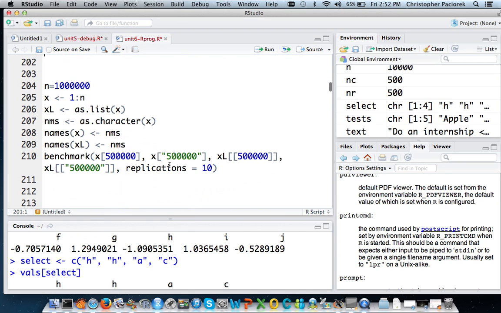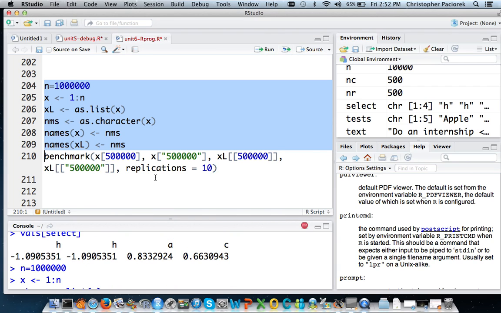So I'm going to do a little experiment where I have a million values in a vector x, and I'm going to create a list out of that as well. So I'll have x and xl, which are the vector form and the list form of this set of numbers. And I'm going to assign names to the vector elements and names to the list elements.